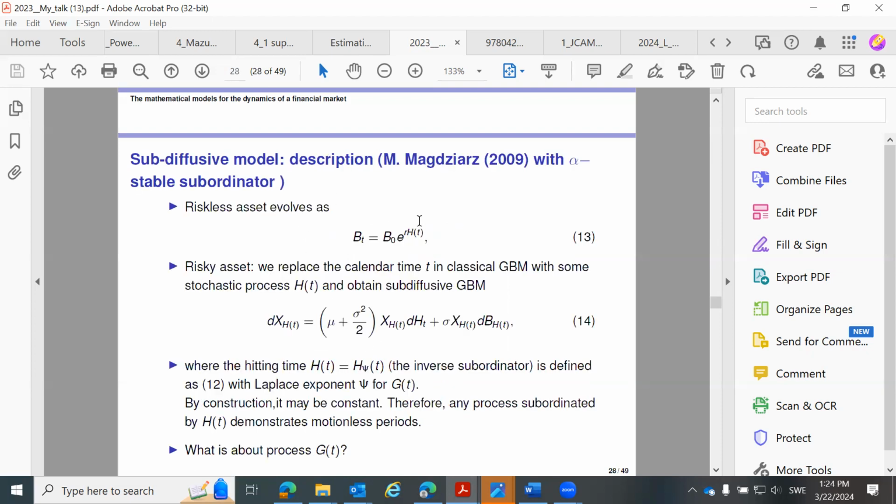So the model looks like this: it is for the riskless asset, and it is for stocks. For stocks, you see that everywhere we need to write calendar time T, we write the process H(t), the hitting time.